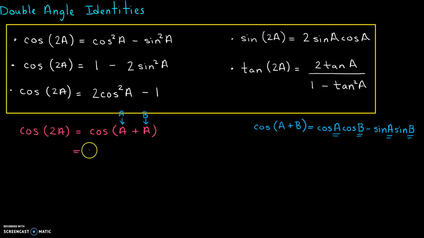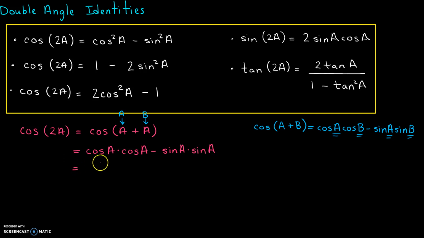We would have cosine of a times cosine of b, but for us b is just another a, so it's another cosine of a, and then minus sine of a times sine of b, but again b is just a in this example.